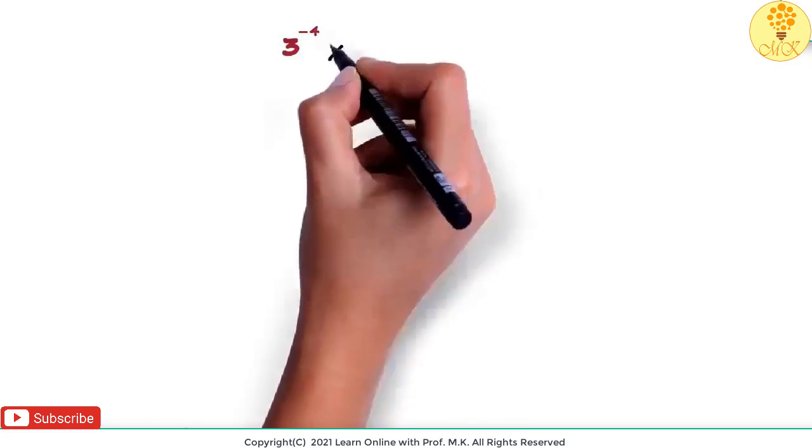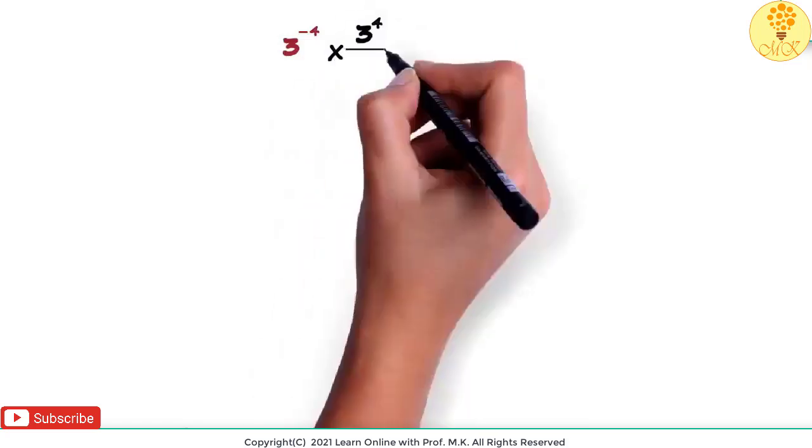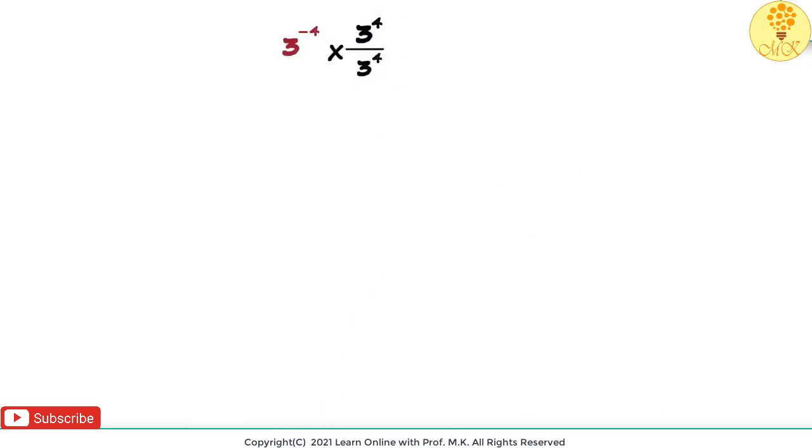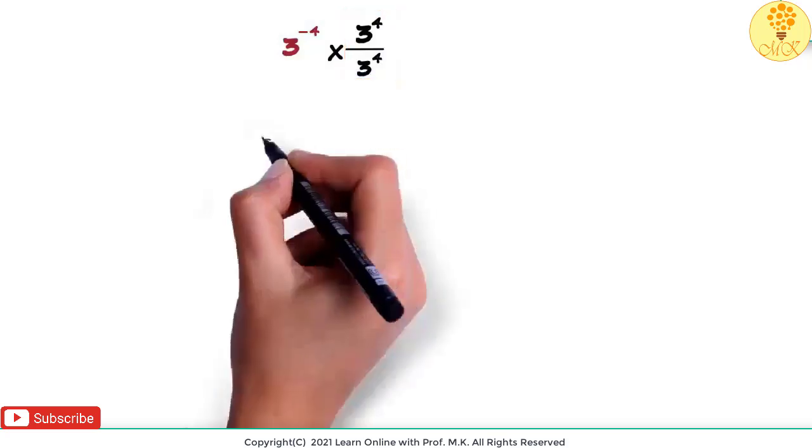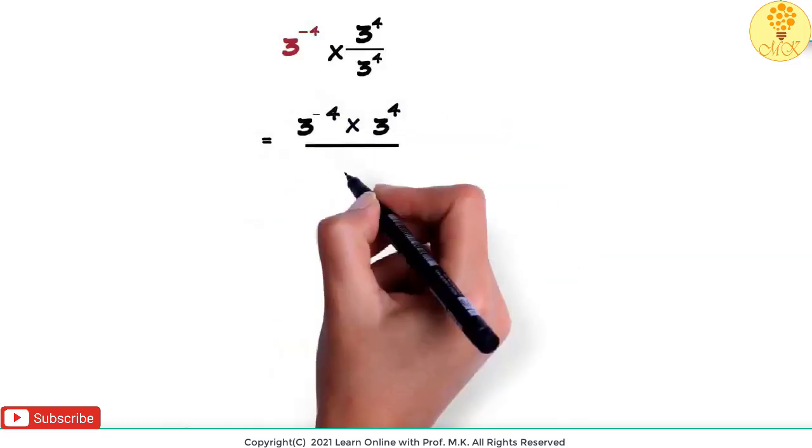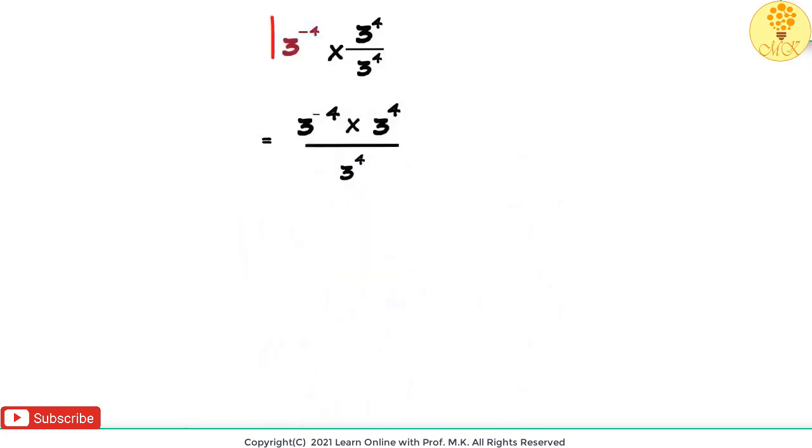In short, we are multiplying the number by 1, which will keep the original number unchanged. That equals 3 raised to minus 4 multiplied by 3 raised to 4 divided by 3 raised to 4.